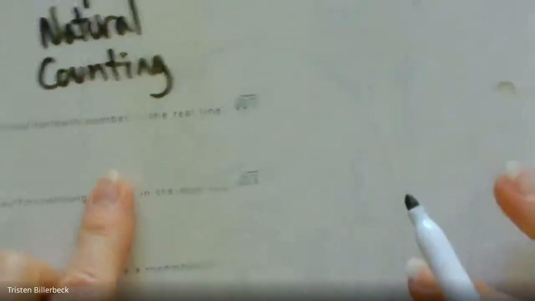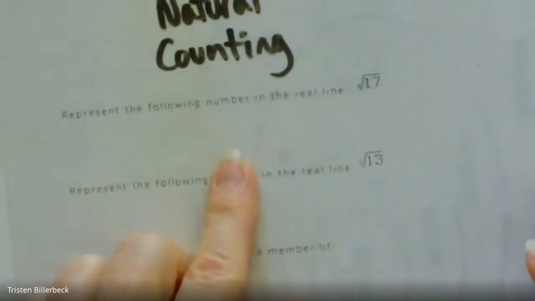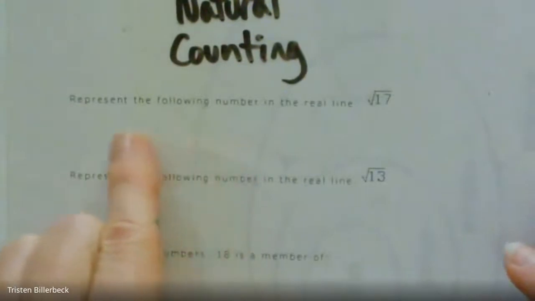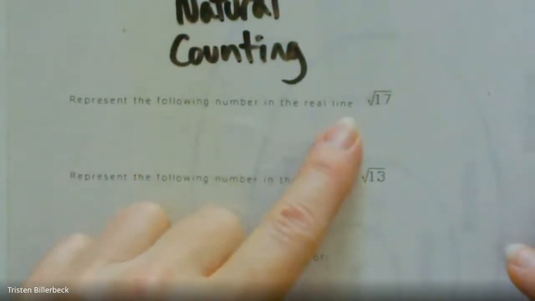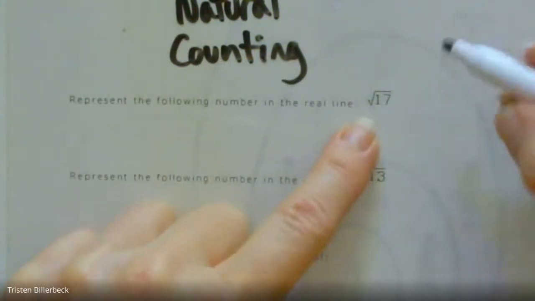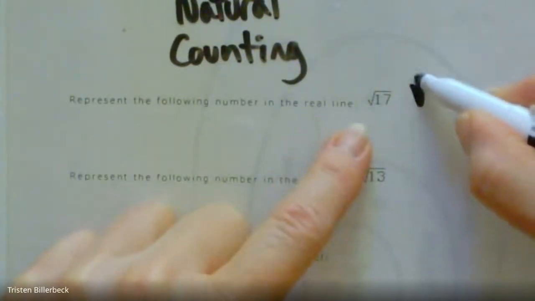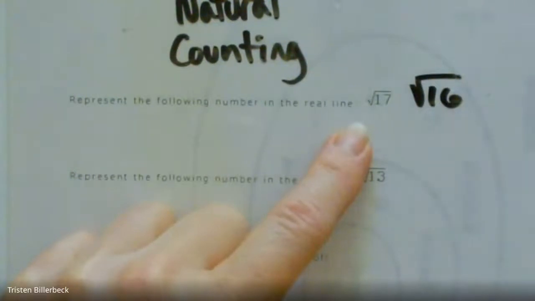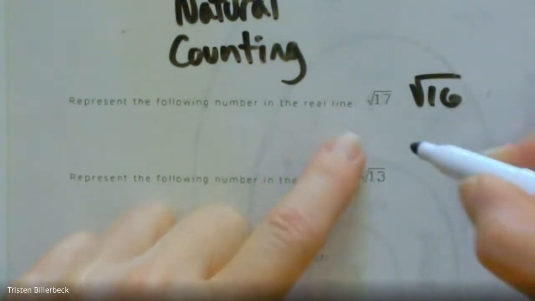So let's look at this one here. It says, represent the following number on the real line. Ooh, well, that's a little troubling. It's between this and this, but it's much closer to 16.